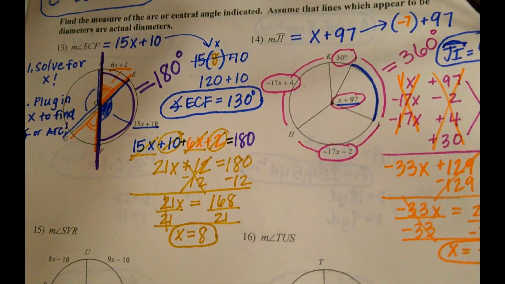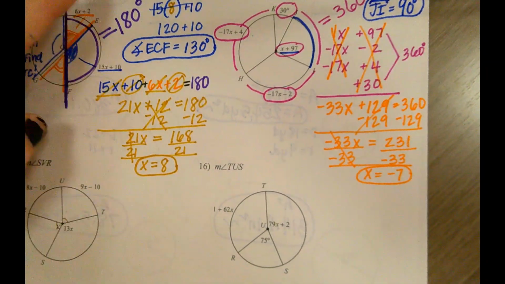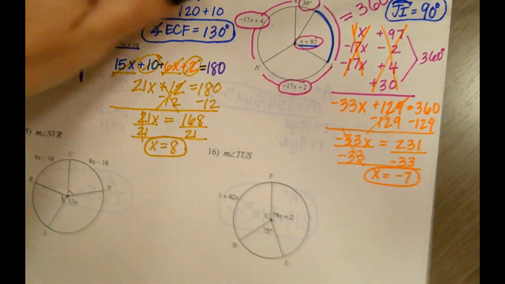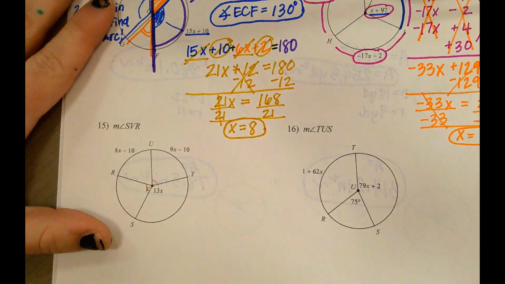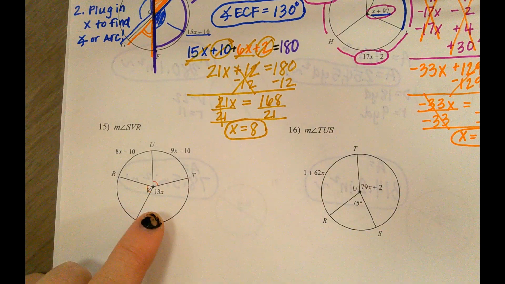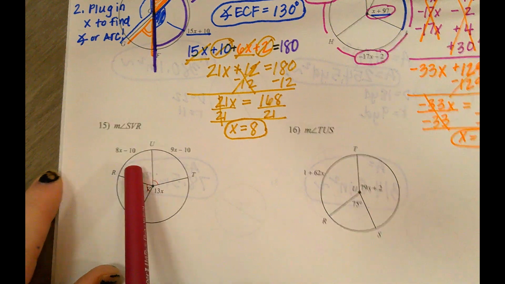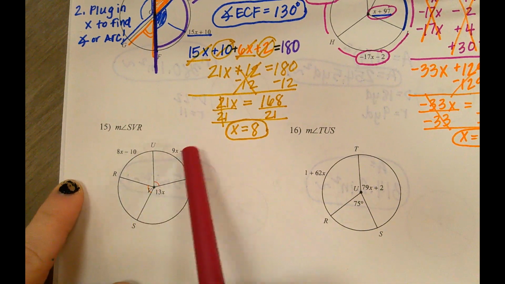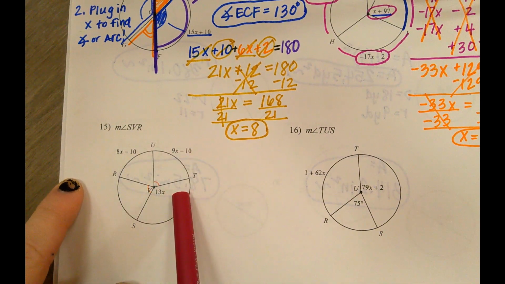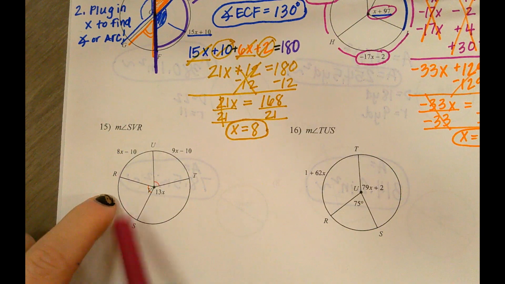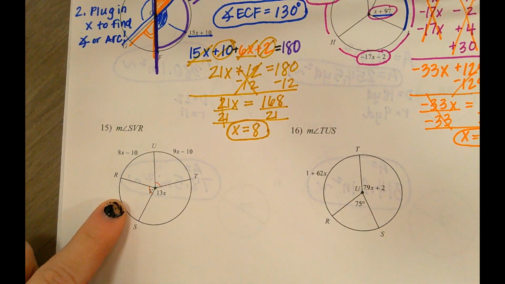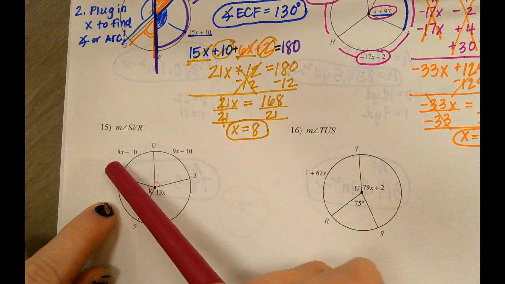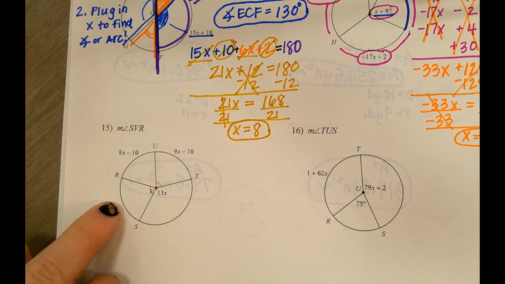Let's just take a peek through each of the problems. Let's see, number 15. I'm given a value for this angle, this angle, and this angle. This one angle doesn't have a label, but do I know the measure of RVS?